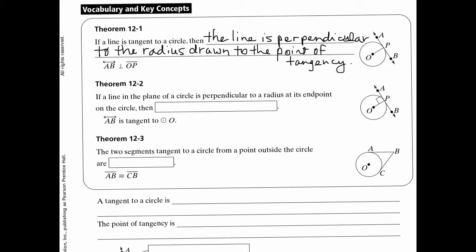Theorem 12-2 says, if a line in a plane of a circle is perpendicular to a radius at its endpoint on the circle, then the line is tangent to the circle.